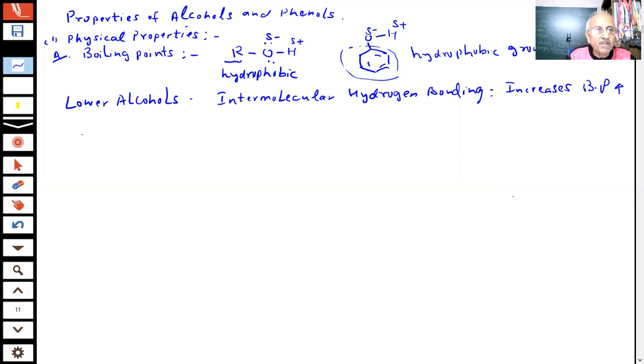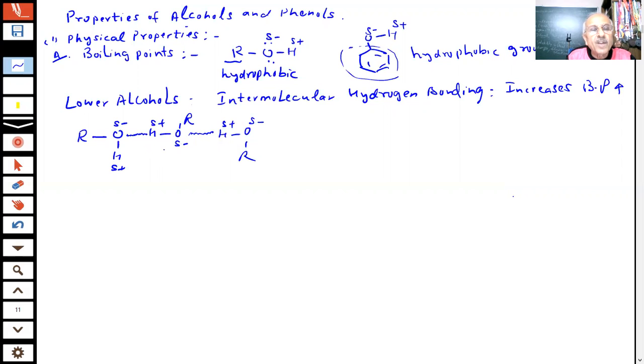If I write ROH and then another HOR, a large number of molecules are present, with negative and positive ends alternating.